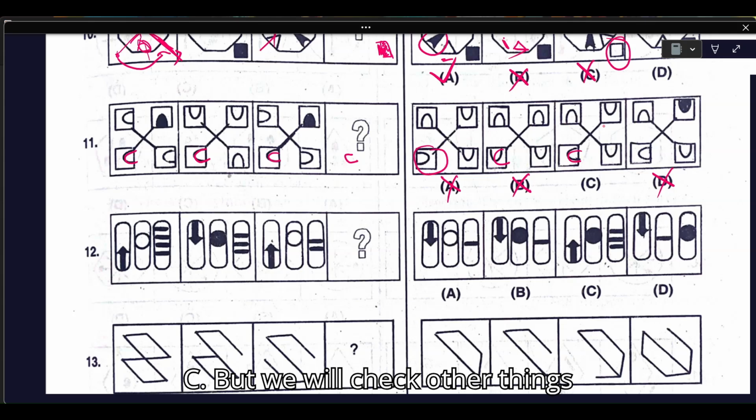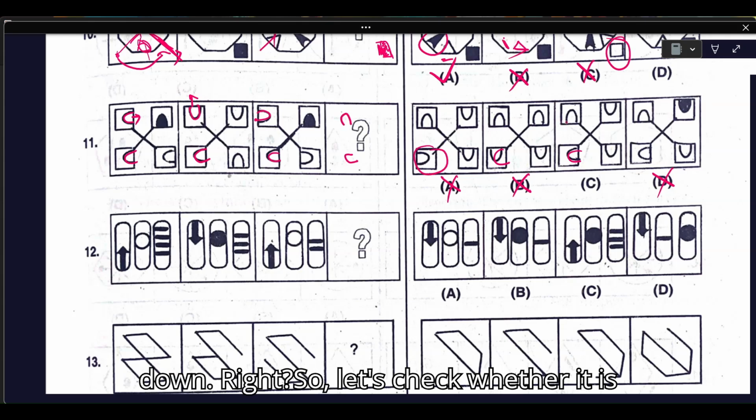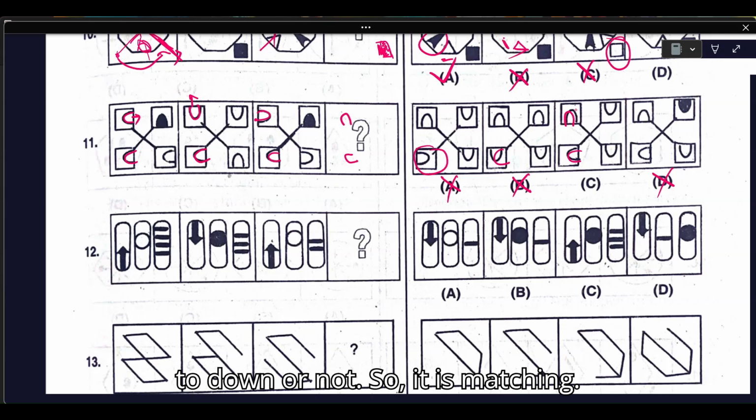But we will check other things also. Here it is pointing to the right direction. In the next figure it pointed up. In the next figure it is to the left, and in the answer it should be down, right? So let's check whether it is down or not. So it is matching. And let's look at here. It is pointing to top, and here it is pointing to down.